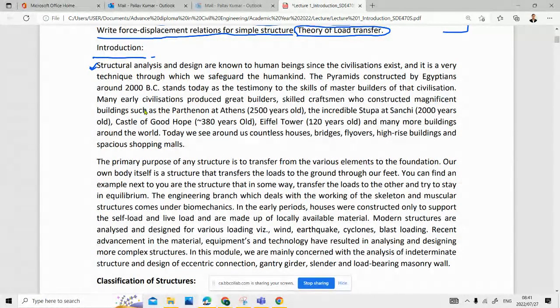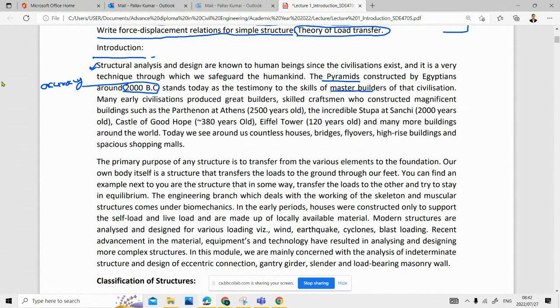So that is what our civilization started with. If you see an example of the pyramid construction in Egypt, like if you see some of the YouTube videos, you will see how accurate their dimensions and angles are. So they knew the accuracy of these structures, and still they are standing after more than 2000 years, right?